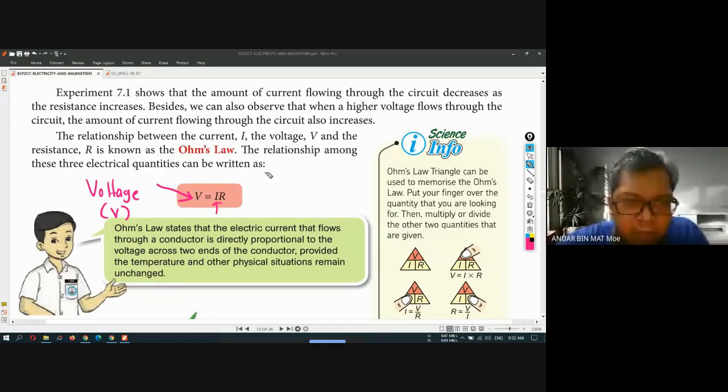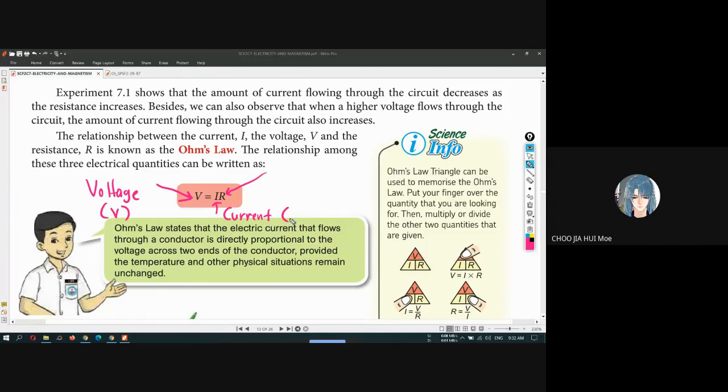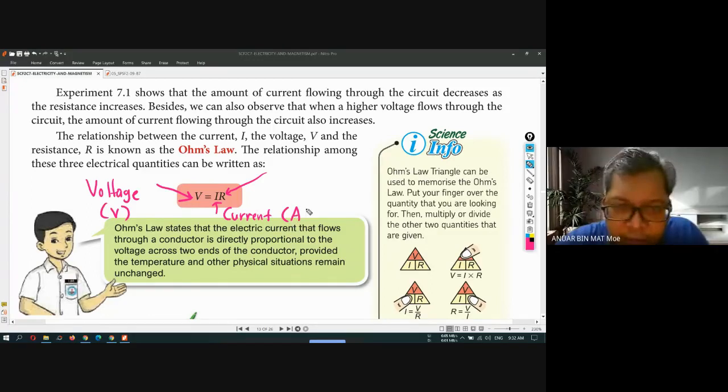I represents current. What is the unit of current? Capital A. Very good. A for ampere, and V for volt.